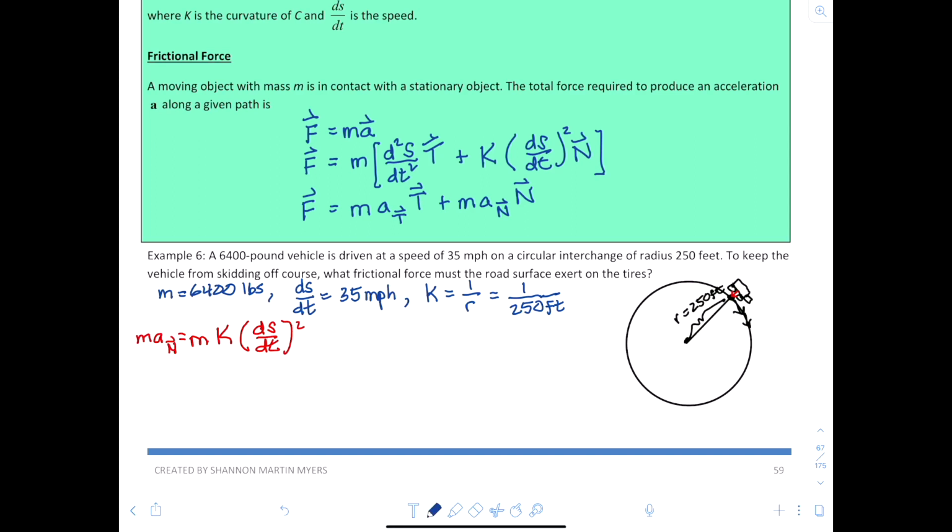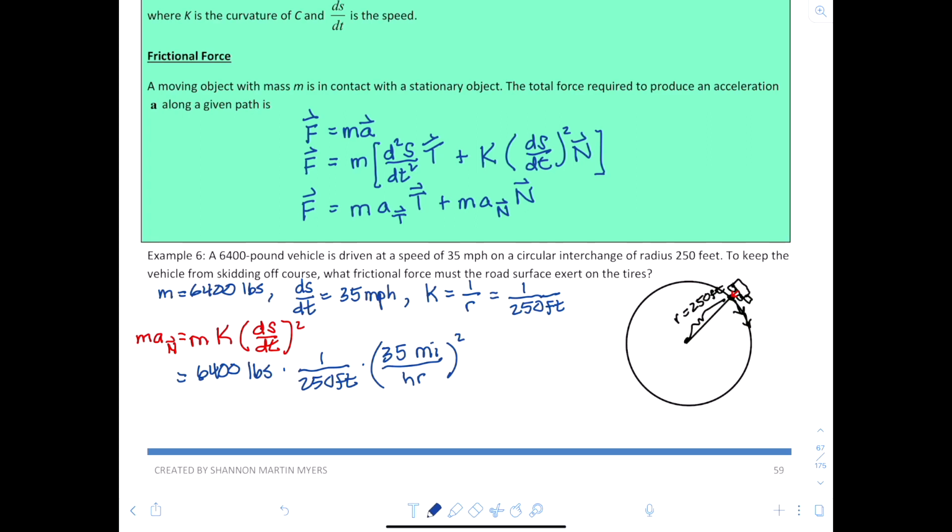So basically it just simplifies to our mass times our curvature times the speed squared, right? So this will end up being, our mass was 6,400 pounds times k, which was 1 over 250 feet, and then times our speed squared, so that would be 35 miles per hour squared. Good so far?